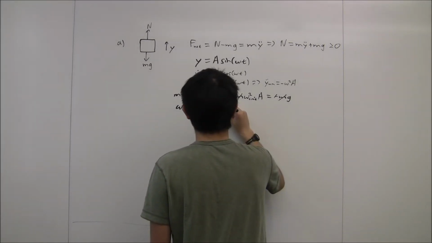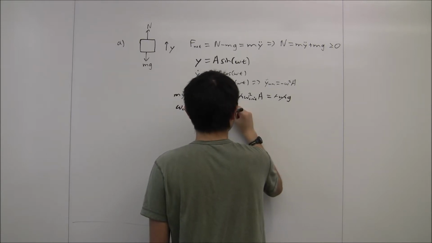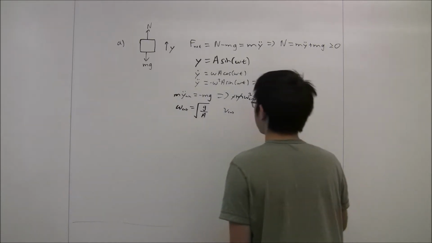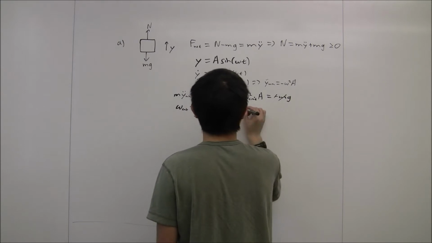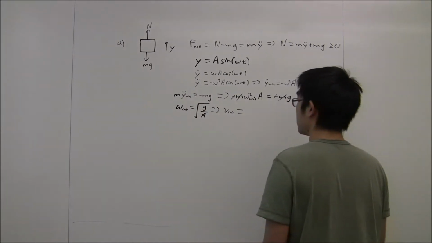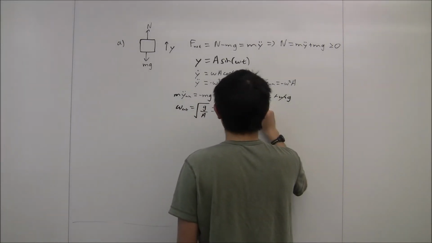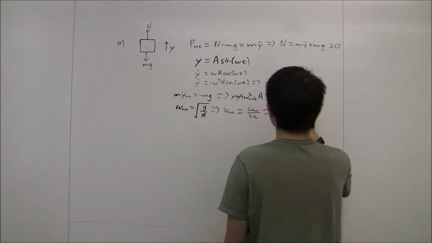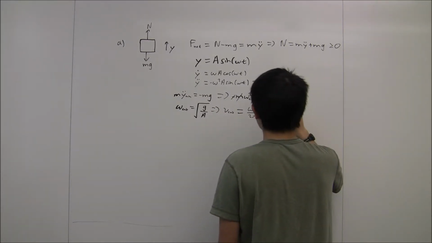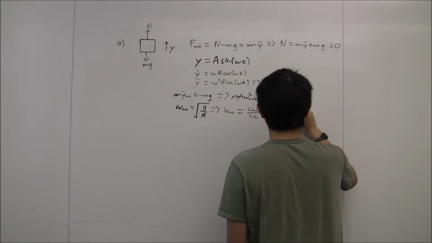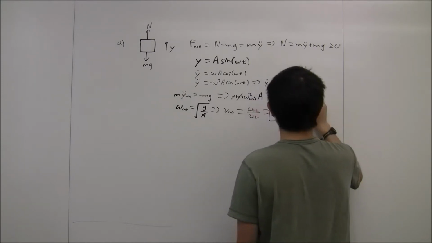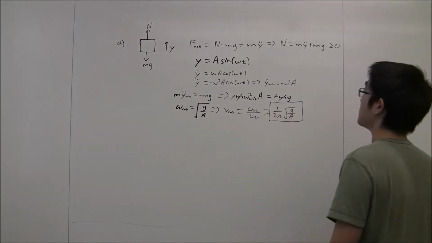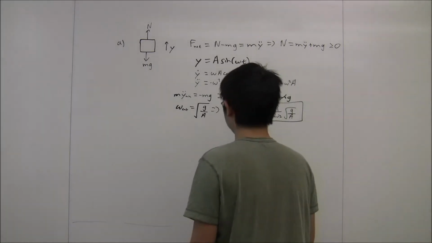So the critical frequency, nu critical, is equal to omega critical over 2 pi, which is just 1 over 2 pi times the square root of g over big A. So that's our answer for part A of the problem.